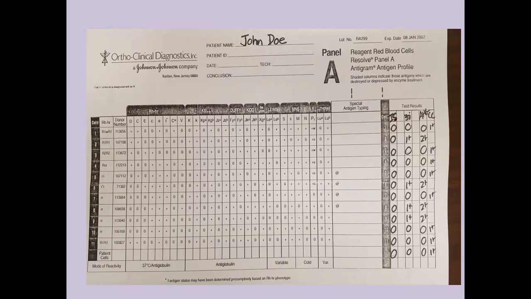Okay, so we have 3 phases of testing, and you see I wrote my results directly on the antigram. Remember, I can only use a cell to rule out if all 3 phases are negative. So can I use cell 1? Yes, the only thing that's positive here are the check cells, and we grade our check cells in our lab, but I can use this.